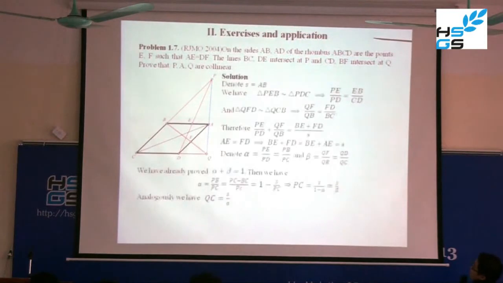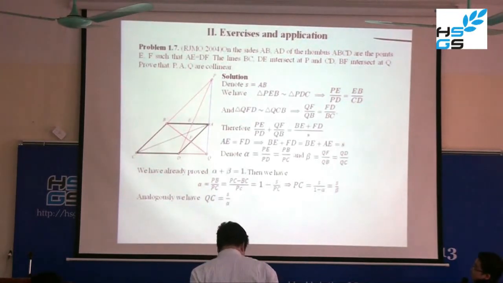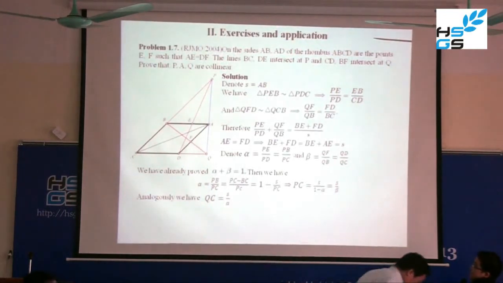On the sides of a rhombus ABCD, we take the points E, F so that AE is equal to DF. The lines BC, DE intersect at P, and lines CD, BF intersect at Q. Prove that P and Q are collinear. In the solution, the idea is that we use the condition from the problem that AE is equal to DF and ABCD is a rhombus.